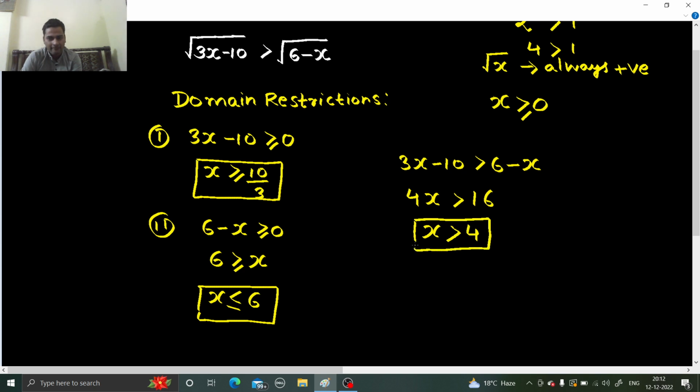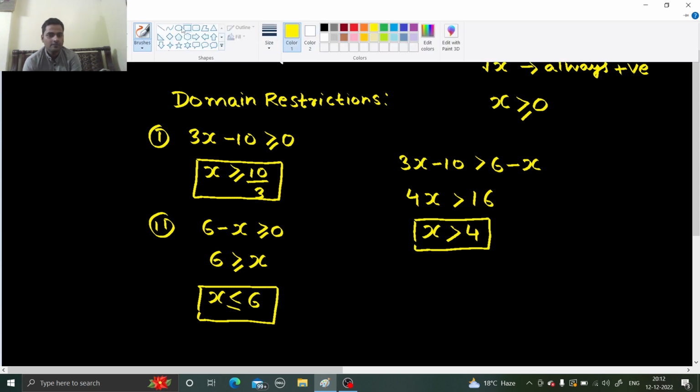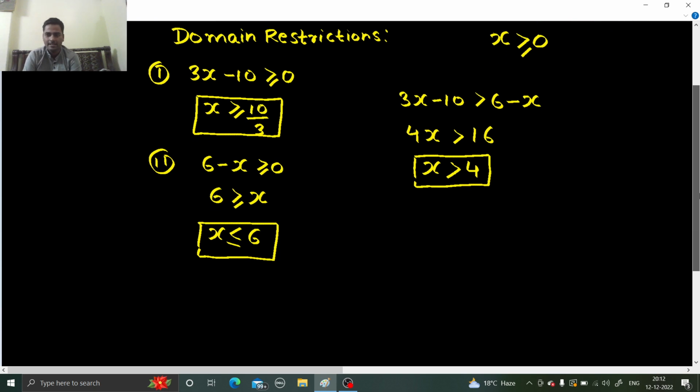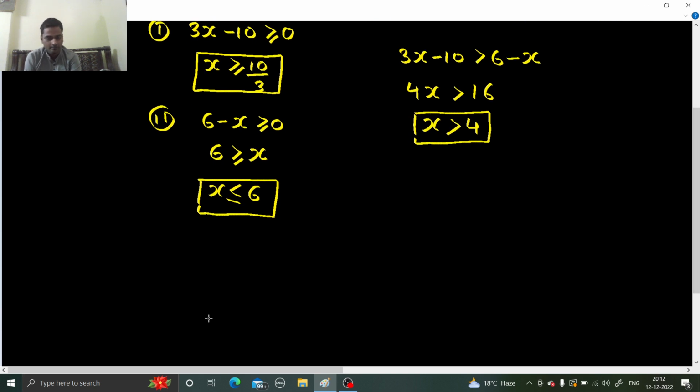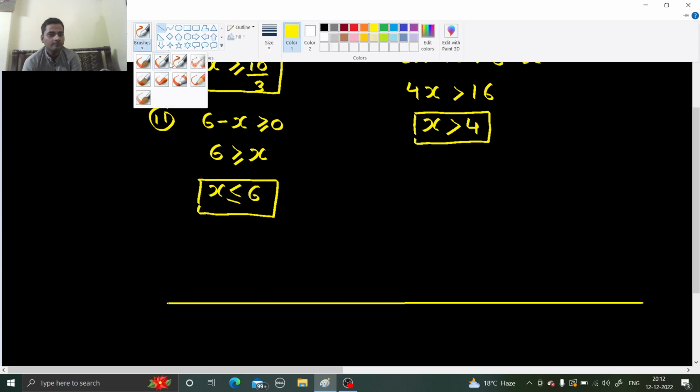The number line will be interesting in this case, unlike what we have been doing for a long time now. So we'll use different colors while drawing our number line. This is how our number line looks.